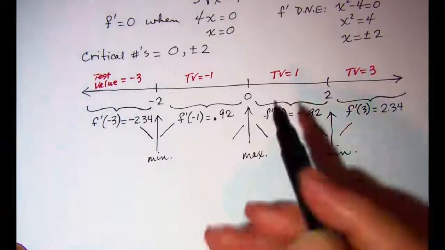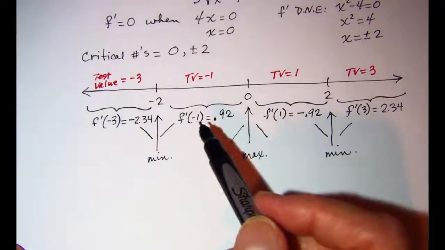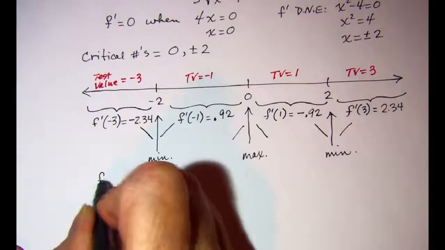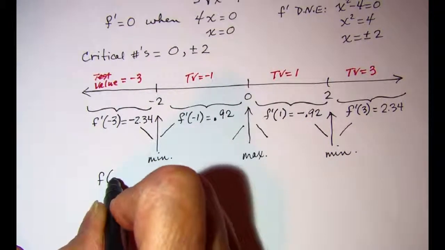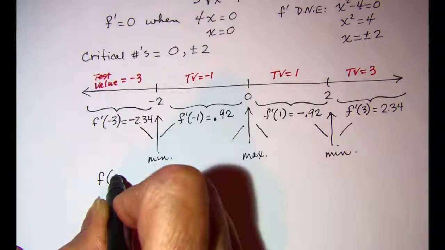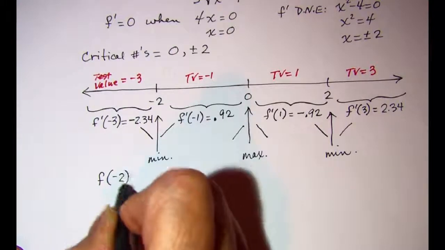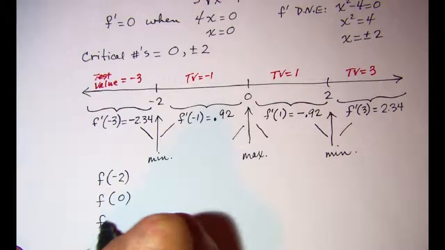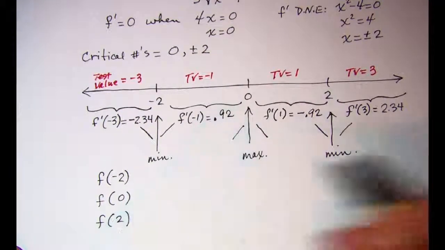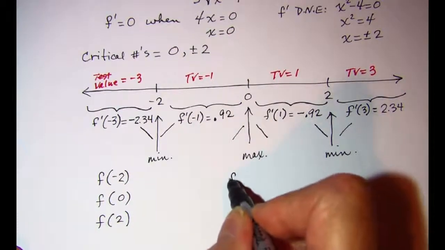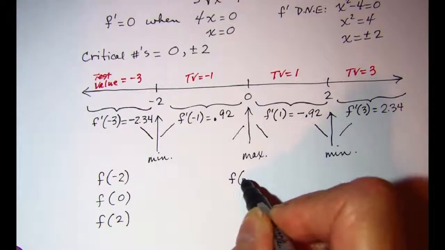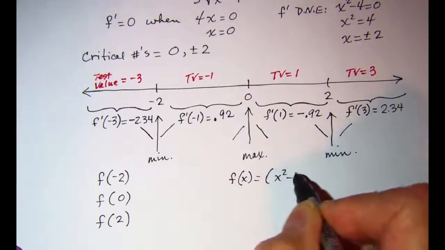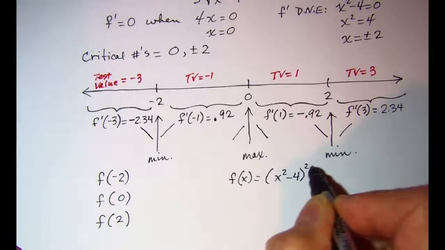Now we represent our relative extrema with ordered pairs. So I need to find f of -2, f of 0, and f of 2. My function was x squared minus 4 raised to the 2/3 power.